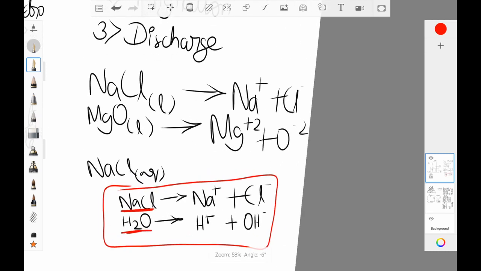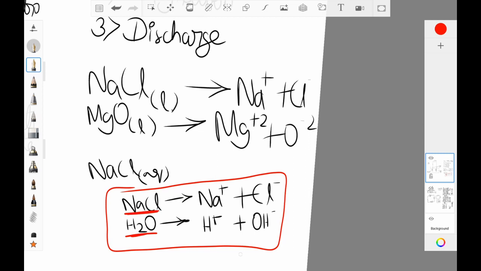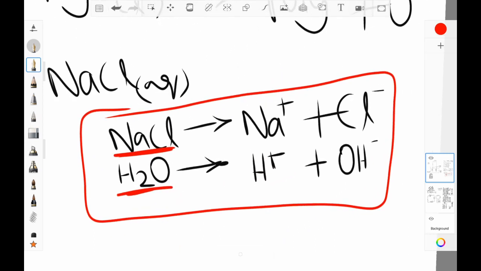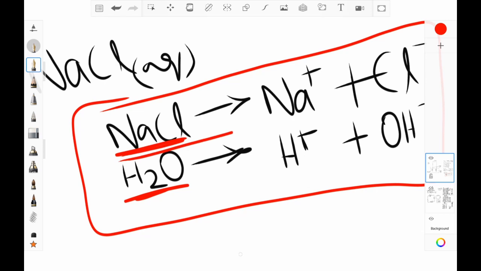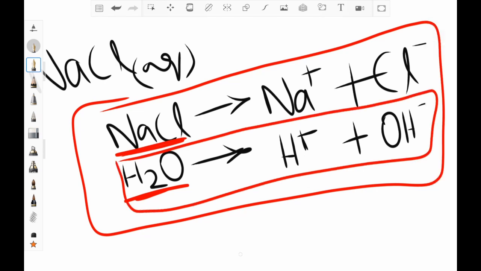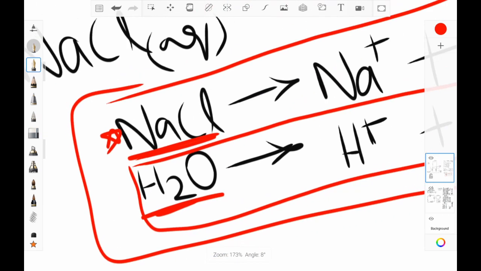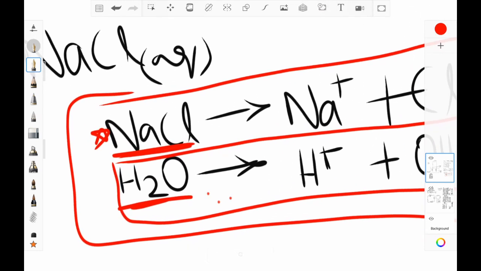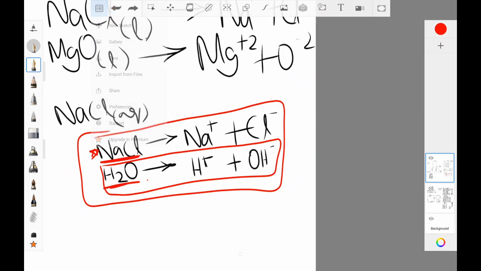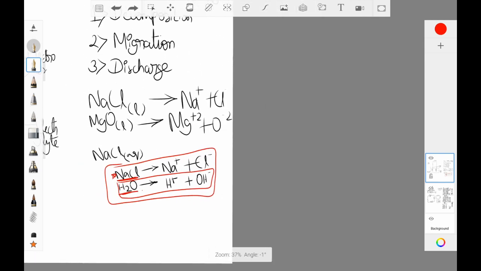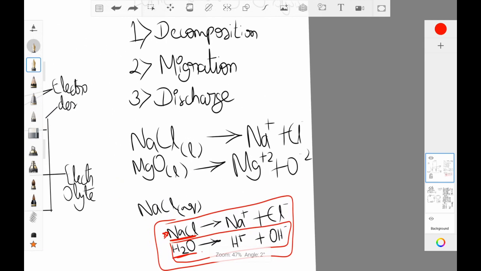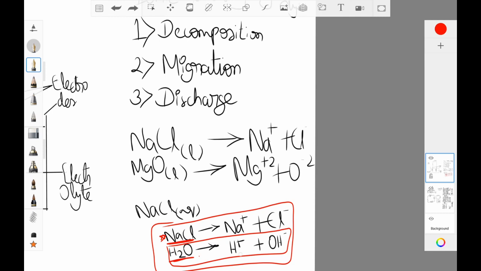If the electrolyte is molten, then that's easy, you don't need to worry about it. And the decomposition of water is always like this. The only thing that changes is this thing right here. This remains the same. So anyway, that's decomposition done. Now let's talk about migration. Basically, once the two oppositely charged ions have been formed, they migrate or move towards their respective electrodes.